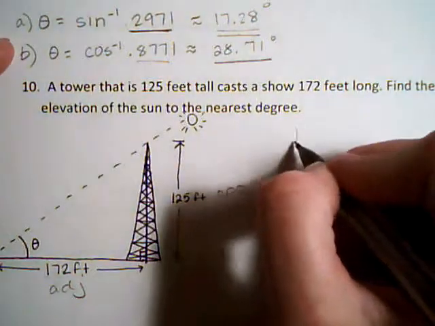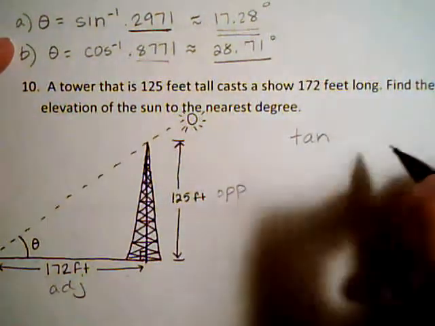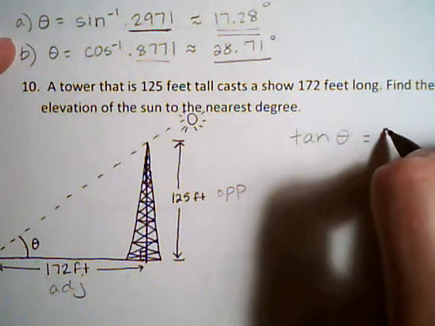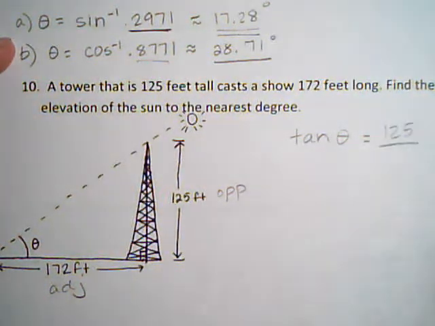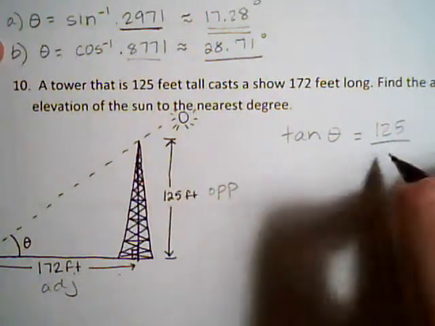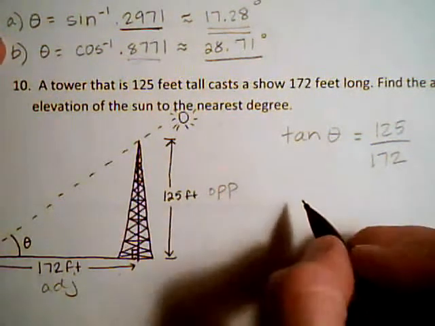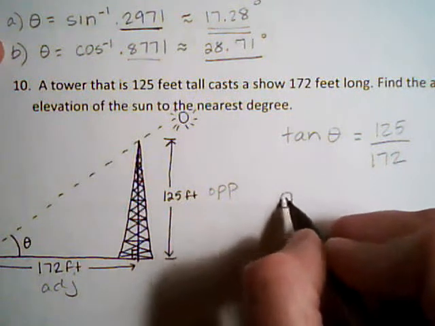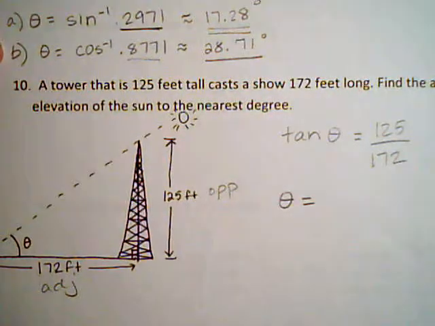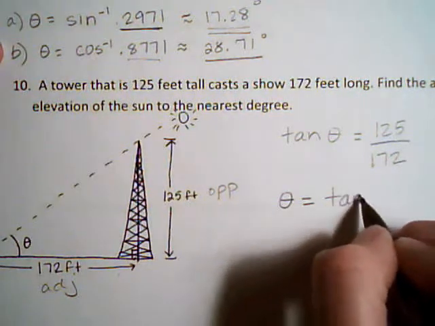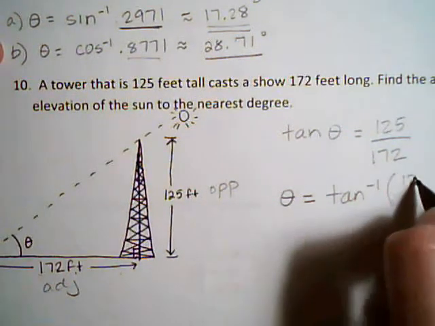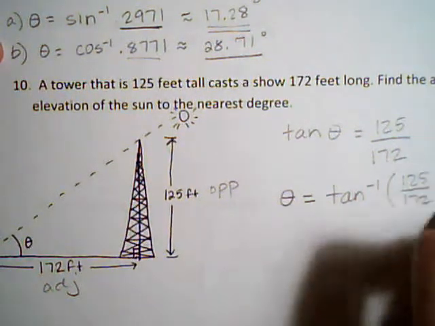I could say that the tangent of theta equals the opposite side, which is 125, over the adjacent side, which is 172. So I want to find theta, so theta would equal the tangent inverse of 125 over 172.